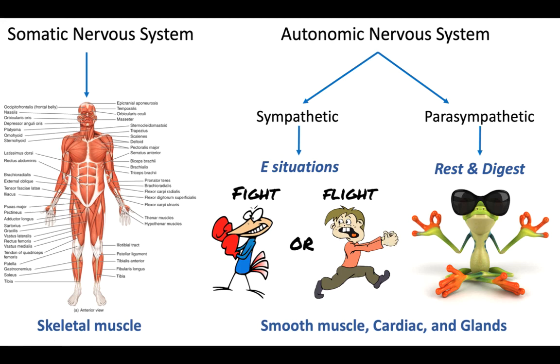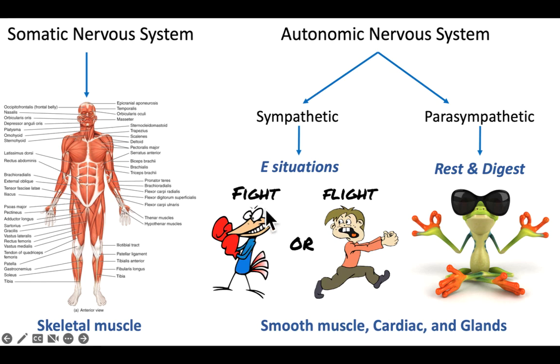This is just another kind of overview of the two systems, skeletal muscle control versus everything else. When we look at the autonomic nervous system, it's very important to understand what we mean by sympathetic divisions or actions or situations versus parasympathetic.